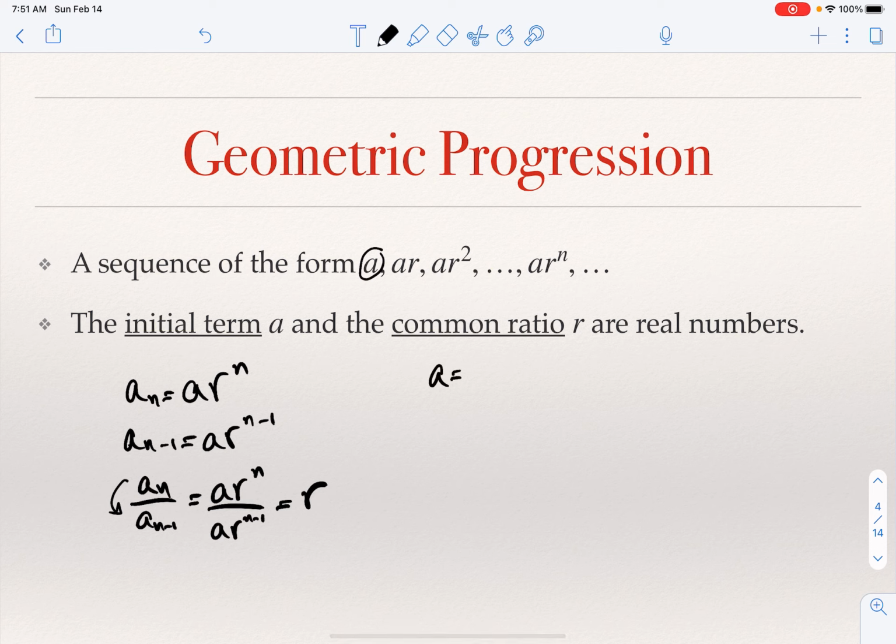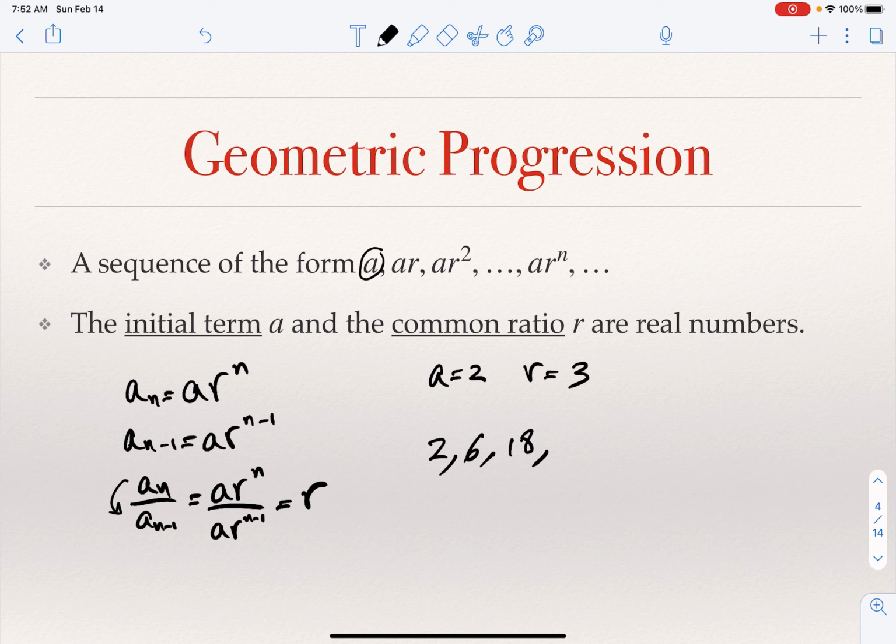So if you take a to be 2 and r to be 3, for example, the first element will be 2. The second is 2 times 3, which is 6. The third is 2 times 3 squared, 3 squared is 9, times 2 is 18.